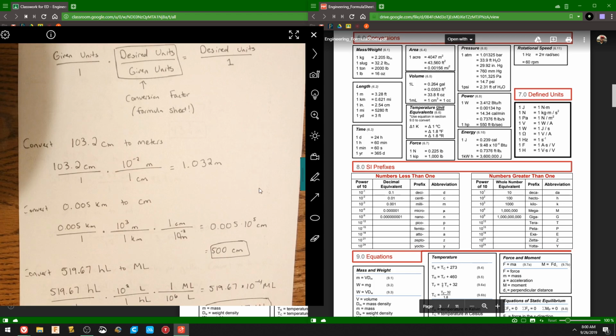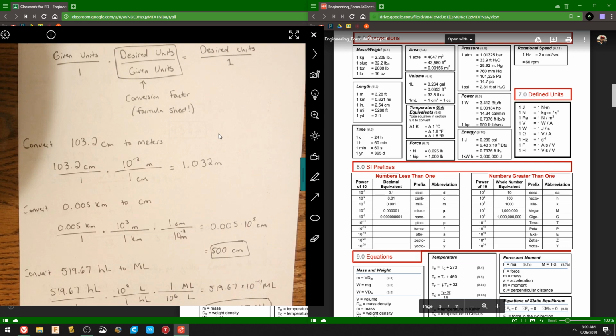Centimeters is right here, and it says 10 to the negative 2. So they're saying that in 1 meter, there are 10 to the negative 2 centimeters. So it's 10 to the negative 2 divided by 1 centimeter, and if you did that in a calculator, that equals 1.032.